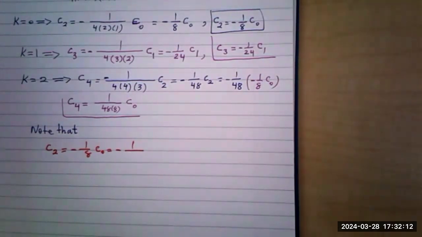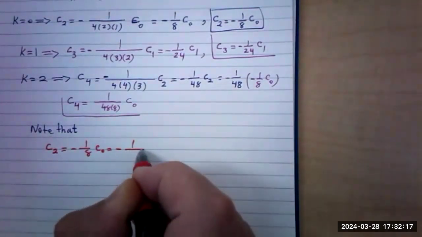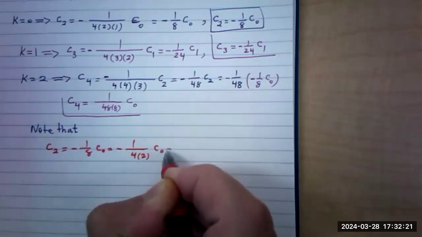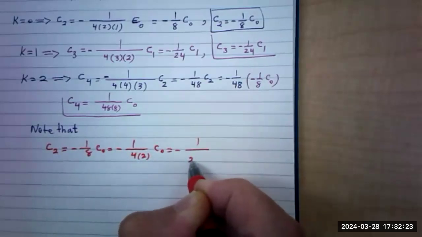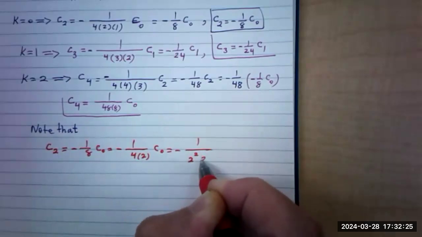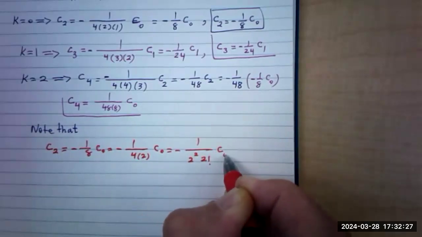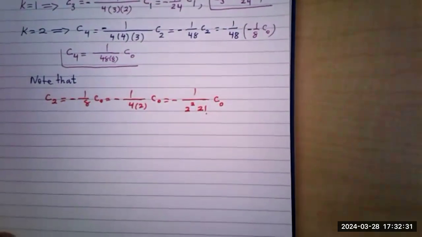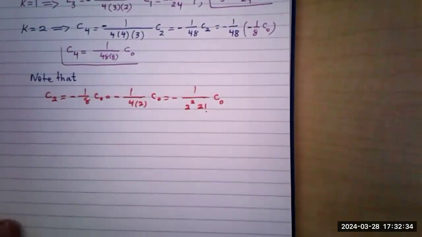You can write this as 1 over 4 times 2 c_0. 4 is 2 squared. You may think about this as 2 factorial, because it's going to be a nice version. You'll see it in a minute. So that would be your c_2.